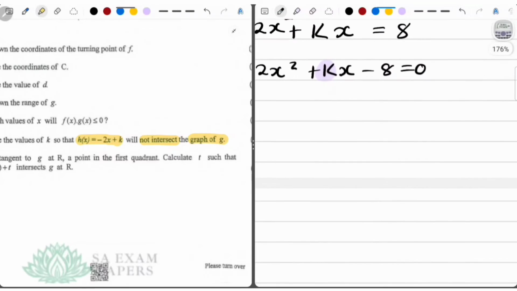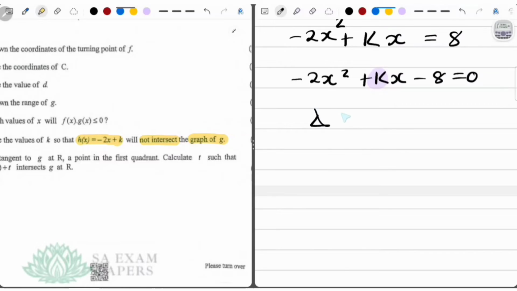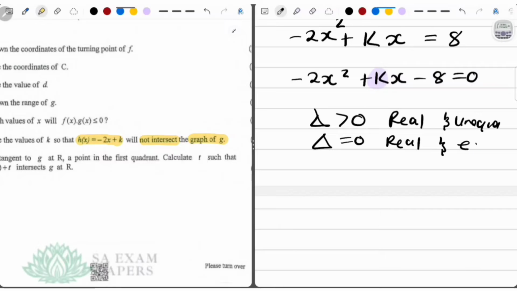So you see, delta can be various things. If delta is greater than 0, the roots that you're going to have are real, meaning you're actually going to have intersections, and they will be unequal as well. If delta is equal to 0, your roots will still be real, but they will be equal.